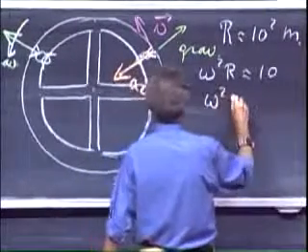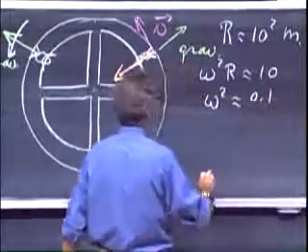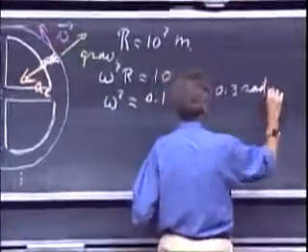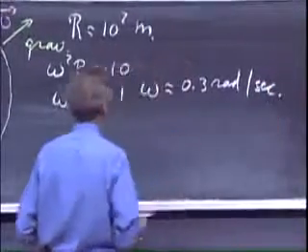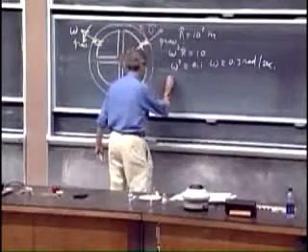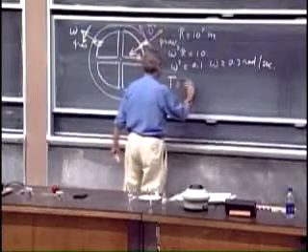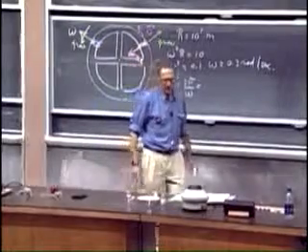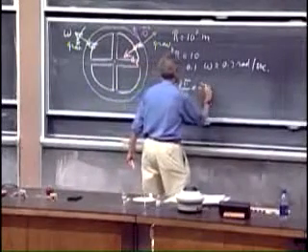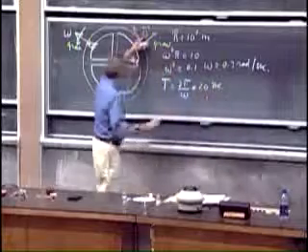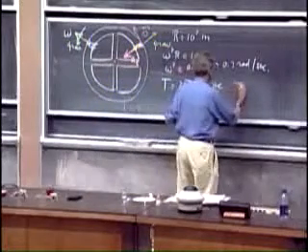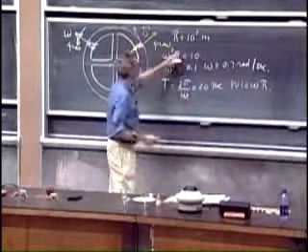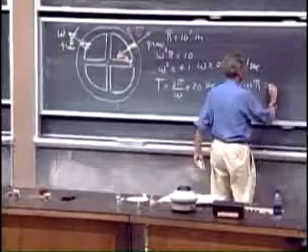So omega squared is about 0.1. So omega is about 0.3 radians per second. And so the period to go around is about 2 pi divided by omega, and that is about 20 seconds. And the tangential speed, that value for v, which is omega r, would then be 0.3 times 100, would be about 30 meters per second.